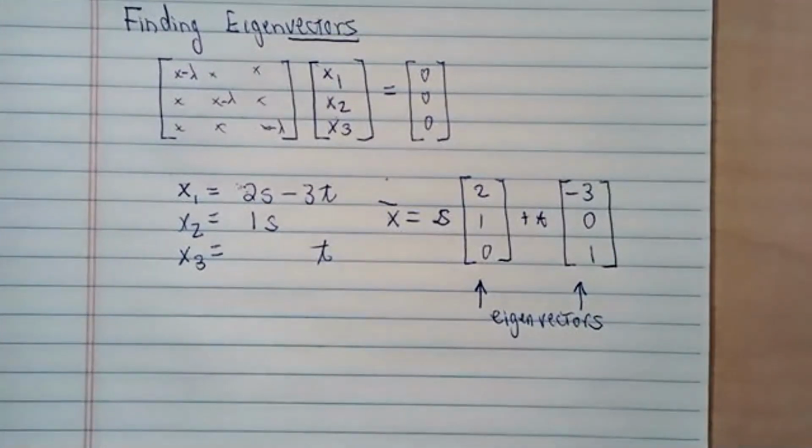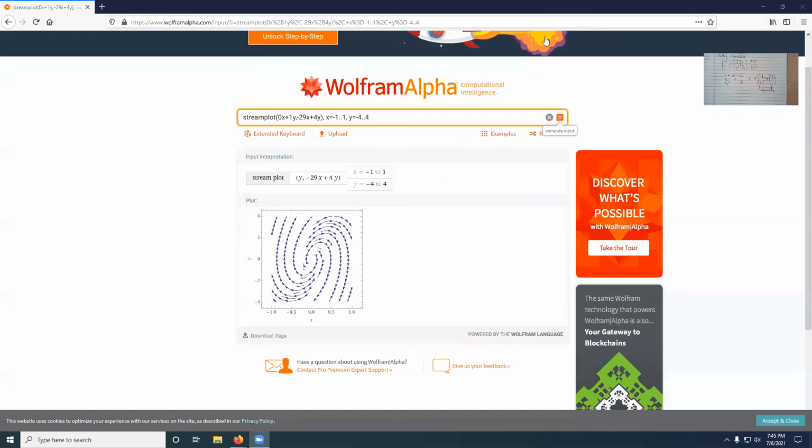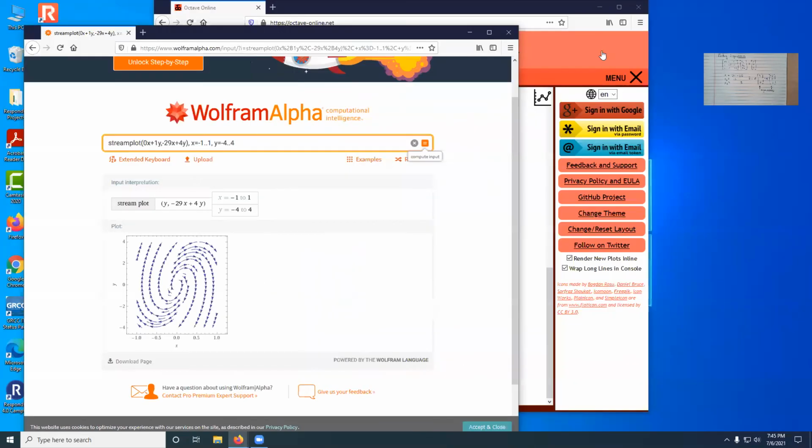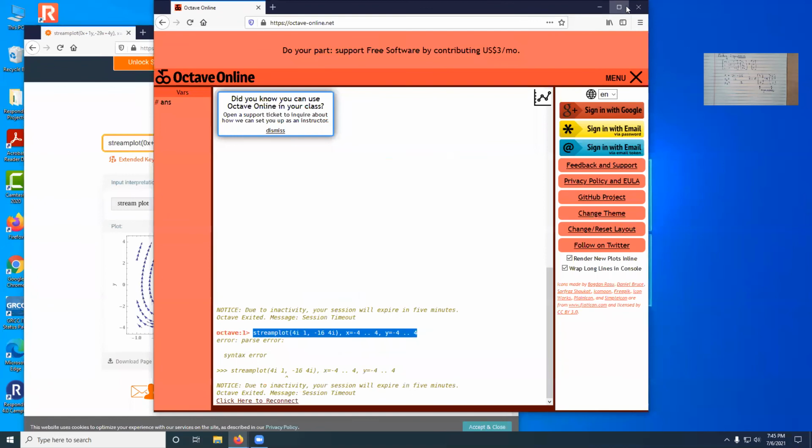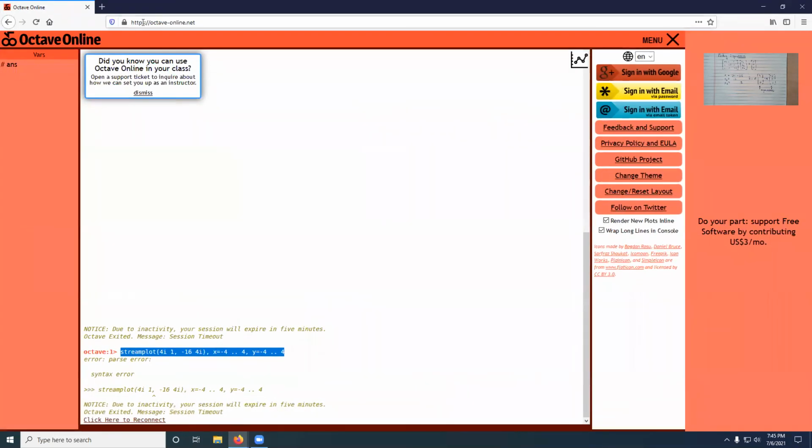You can also check them with MATLAB. So I'm going to go back to screen share here. And let's see, I also have this website up. It's called octave-online.net.